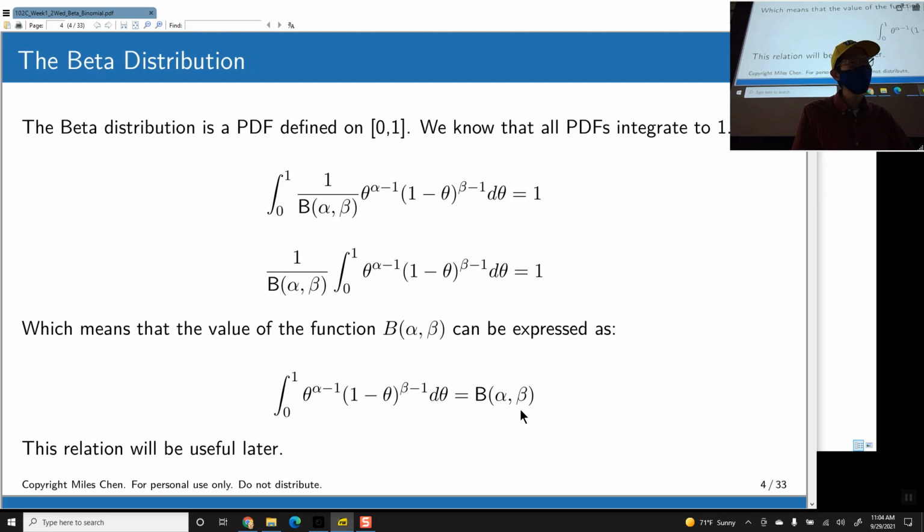Because this part times this part equals 1, so this thing must be equal to that. So that's going to be a useful relationship.